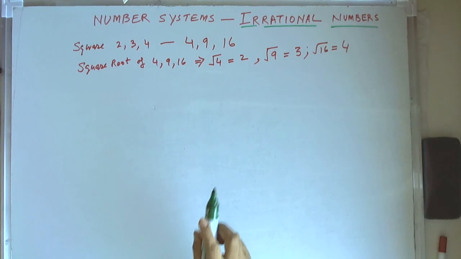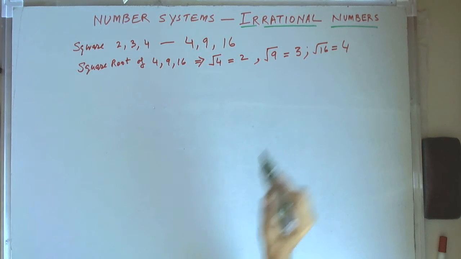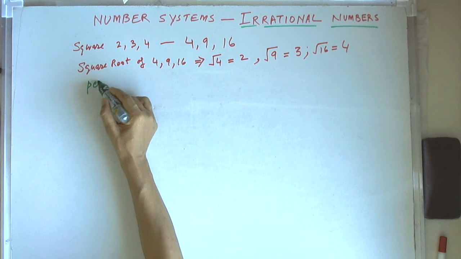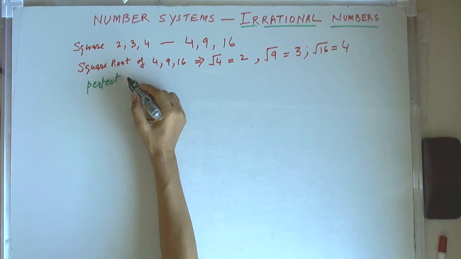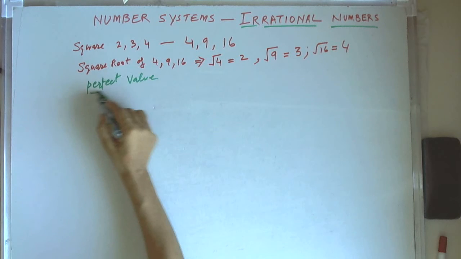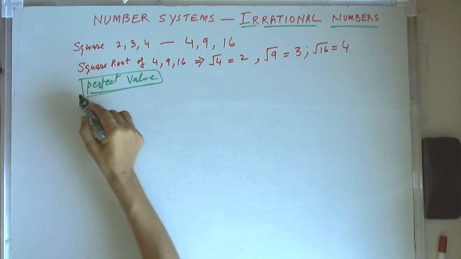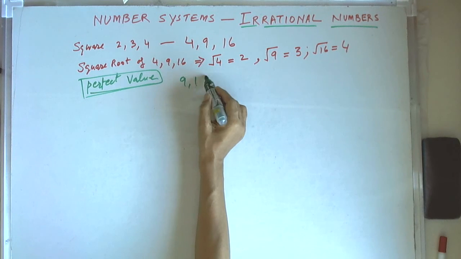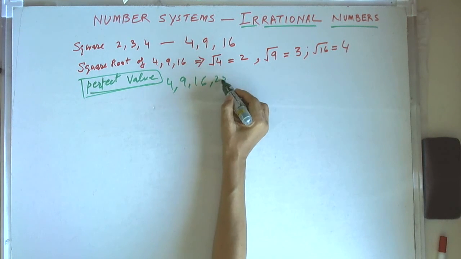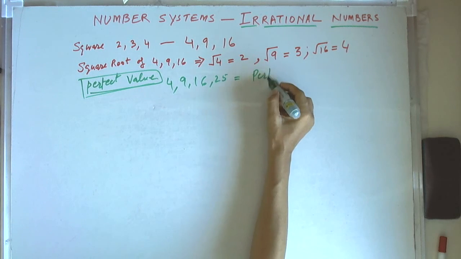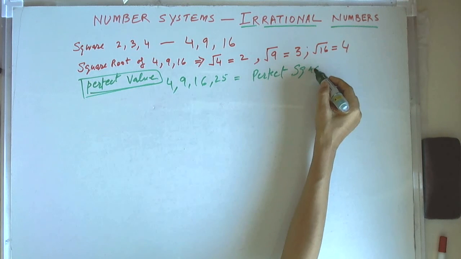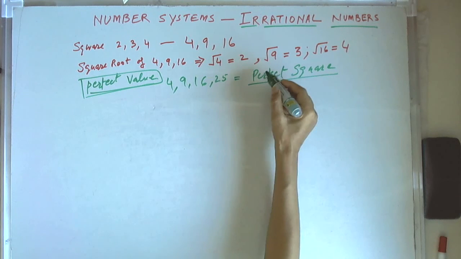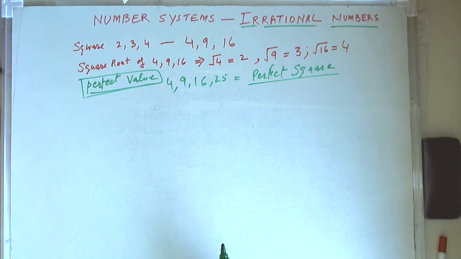That the square root of 4, 9 and 16 is a perfect value, and that is why these numbers like 9, 16, 4, 25 are called perfect squares, because their square root gives us the perfect or accurate value.